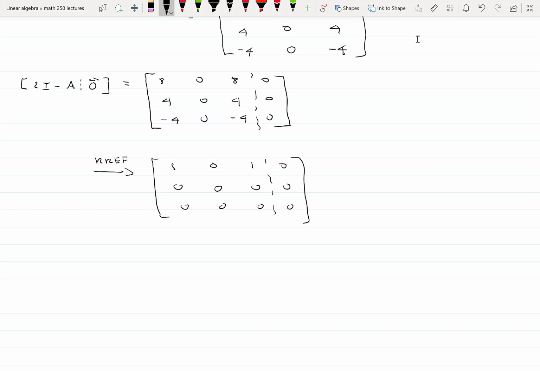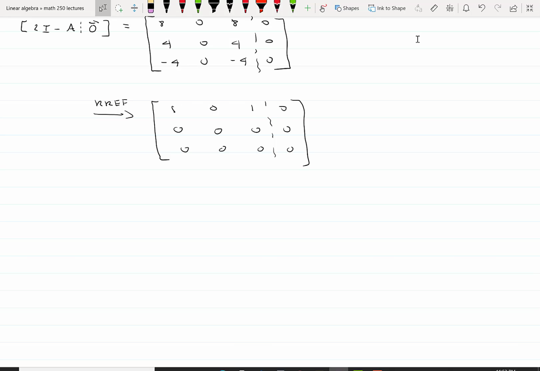Okay, so this tells us that x plus z equals 0. And what else does it tell us? It tells us we have two free variables. It says that y and z are both free variables.